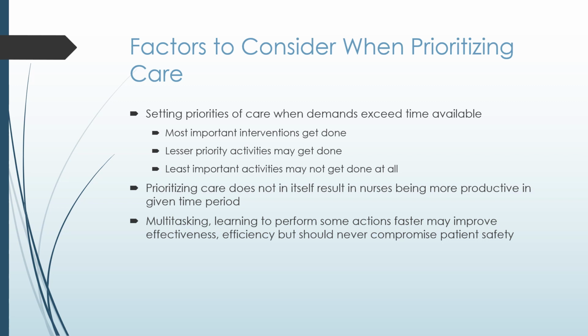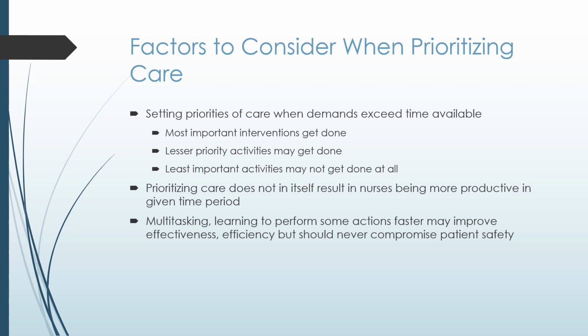Okay, I'm not really going to go back through these next, I think it's 3 or 4 slides. It's just talking about, in general, other factors that need to be considered when prioritizing care. A lot of them we talked about already. We talked about time constraint. We talked about the condition of the patient's preference. But there's some other factors to consider as well. You need to make sure you're able to multitask.